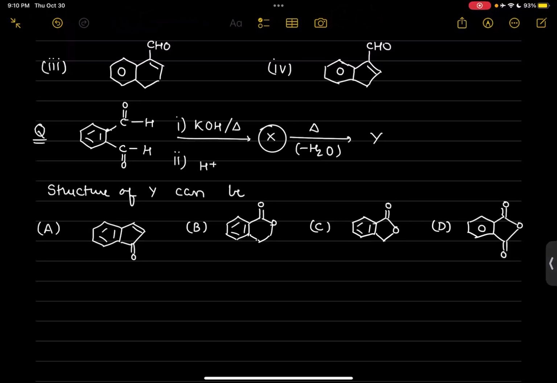So Cannizzaro, how do we write the product? Very simple. Cannizzaro is much simpler than aldol. You oxidize one of the aldehydes and make it a carboxylic acid, and you reduce the other one.